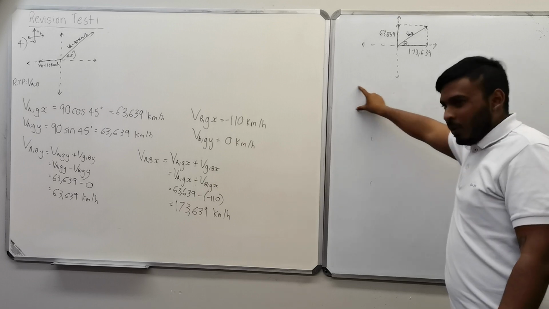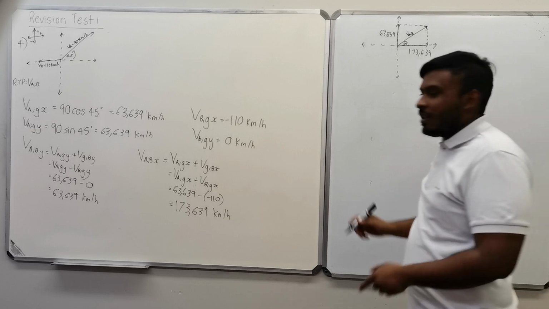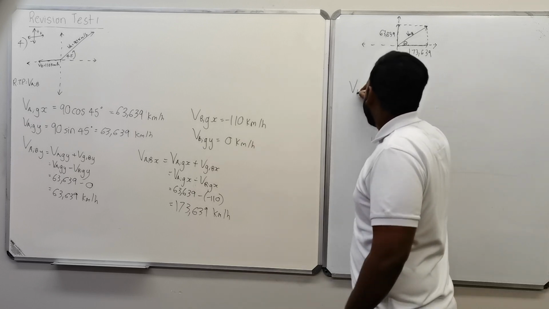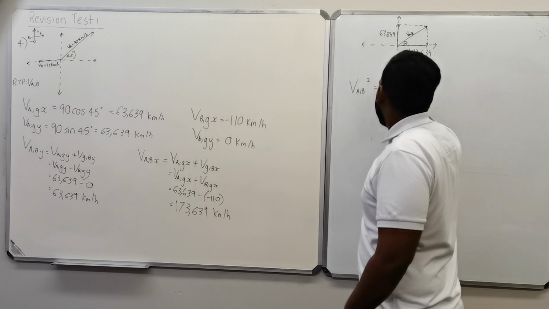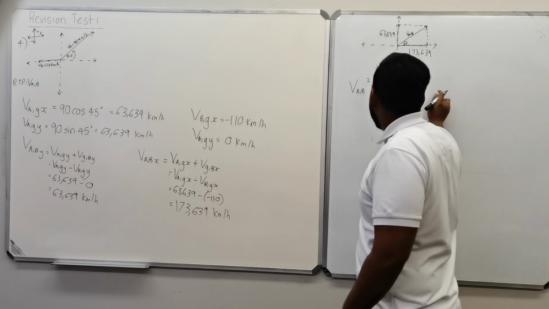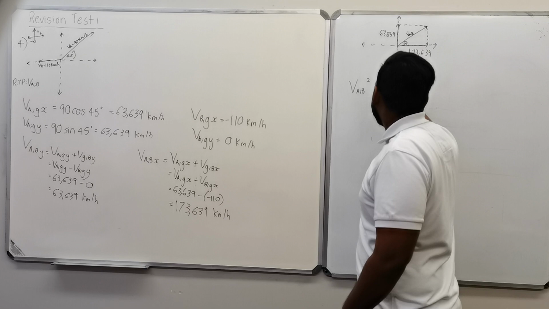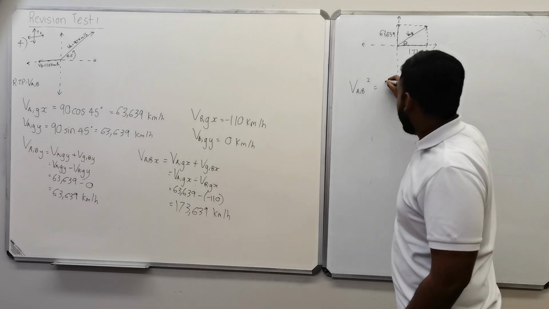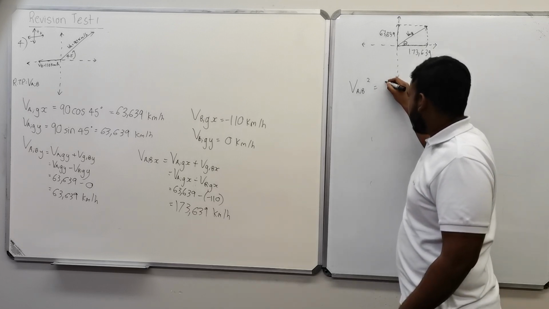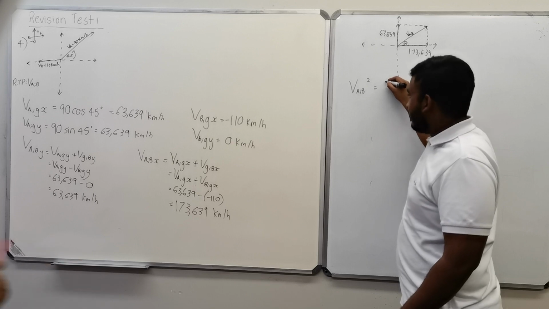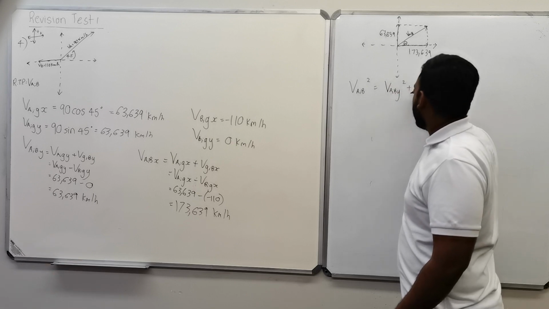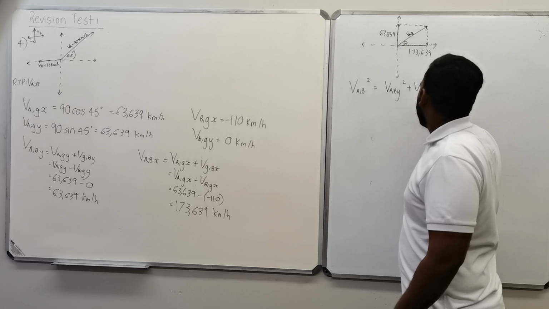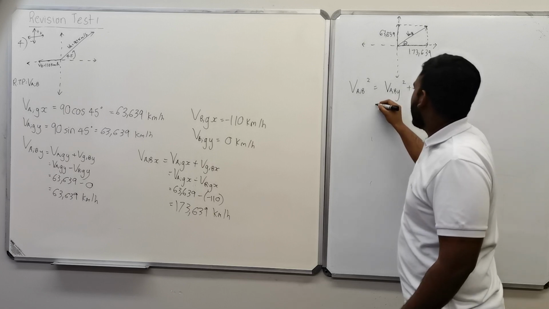What do you want me to write here? V_AB squared is equal to 173. No, I want the formula. V_ABY squared plus V_ABX squared is equal to 173 squared.